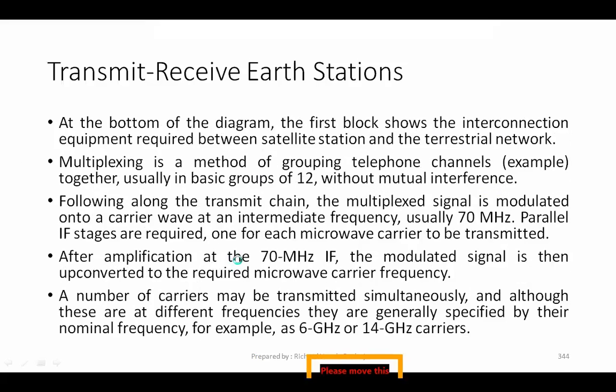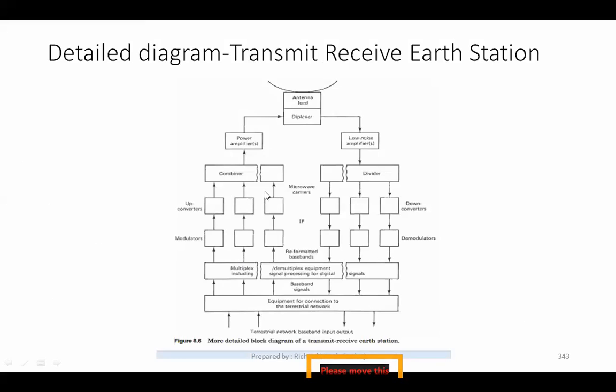After passing through the up converters, the carriers are combined. So that's when you see this combiner. It gets into the modulator, the IF stage, and once it is up converted, it's actually microwave carriers. The reason why we call it microwave carriers is because it's in a higher range.